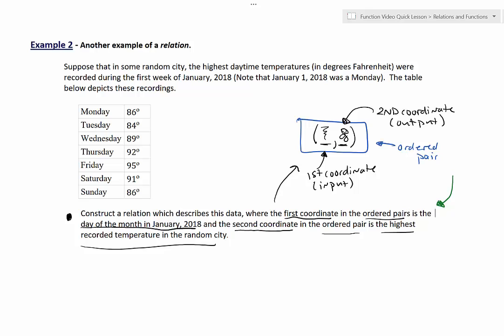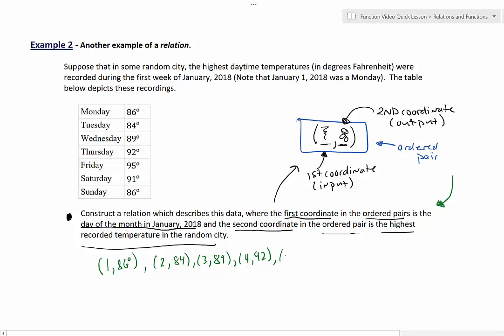So we can start constructing our ordered pairs. Well, the first day of the month is the first, and it was 86 degrees Fahrenheit. Second one, Tuesday, 84 degrees. Third day, Wednesday, 89 degrees. Thursday, that's the fourth day of the week, 92 degrees.